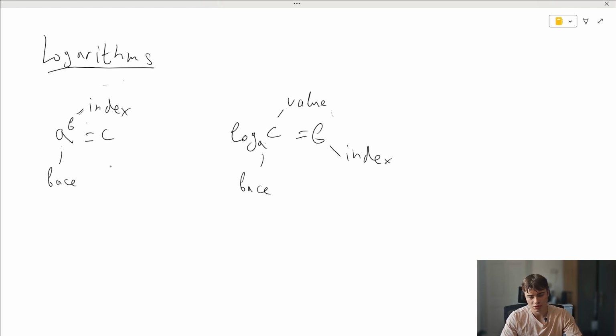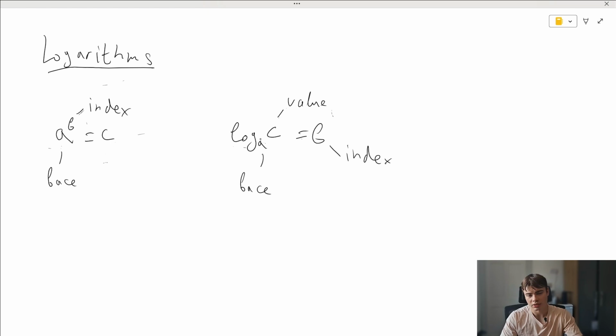Now, how does it work? You ask yourself, what power does the base a need to be raised to, to get c? And the answer is b, because a to the power of b equals c. So again, here you multiply a b times, you get c.